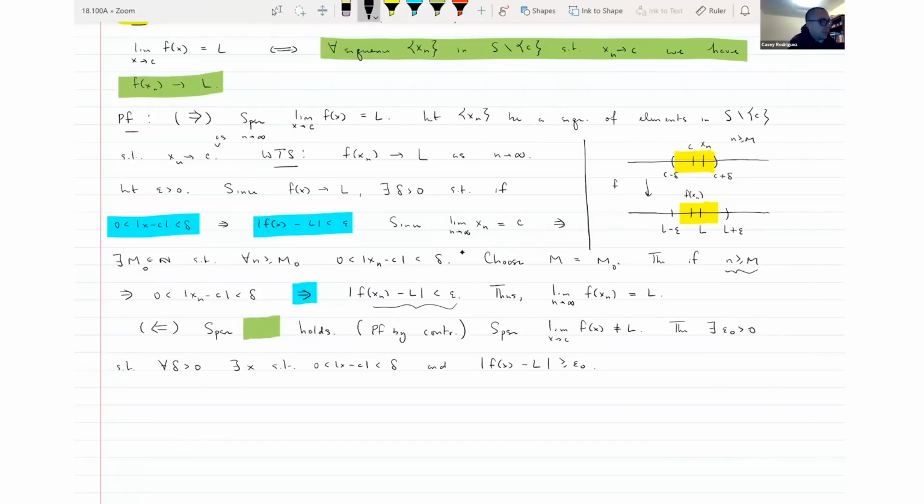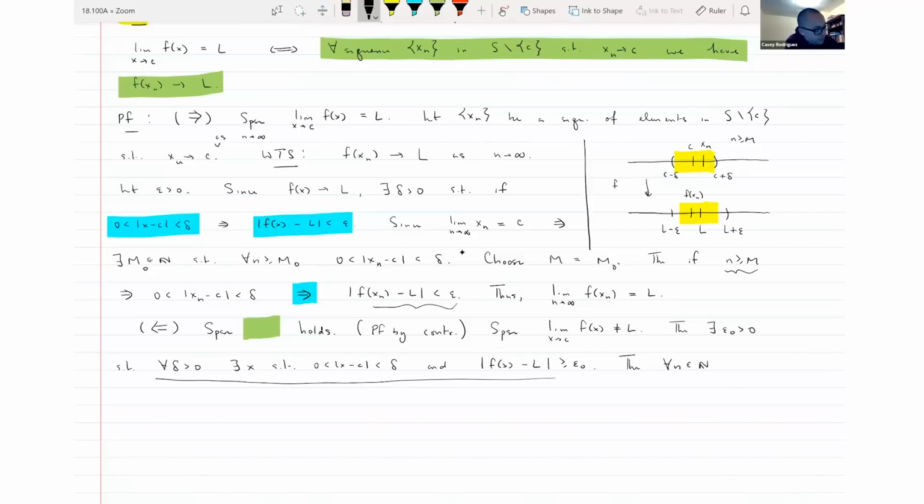Okay, so now I'm going to apply this with delta chosen to be 1 over n for n a natural number. This statement here is a for all delta statement, so it holds for every delta I pick.